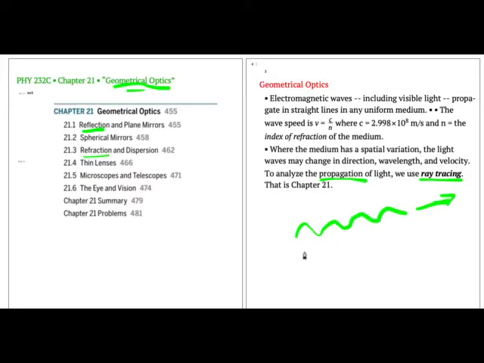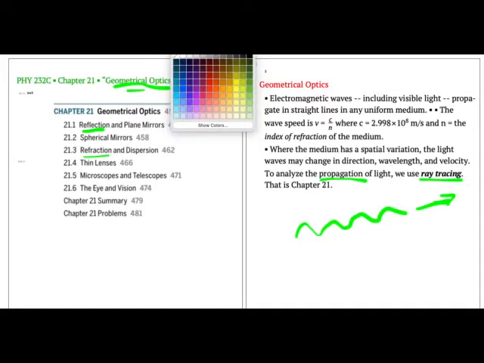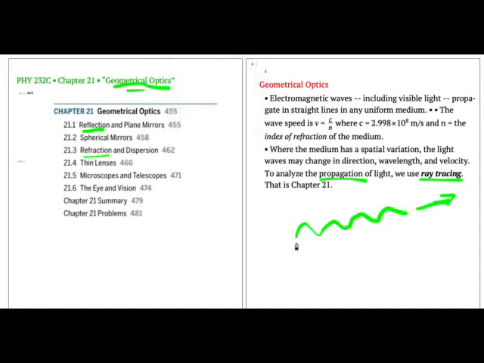For this week, we'll just replace that wave by a ray, an arrow. So it shows in what direction the light is moving. So that's what we call a ray.